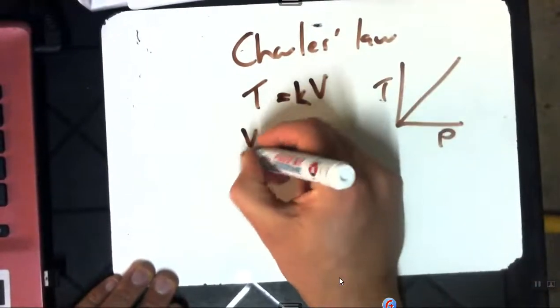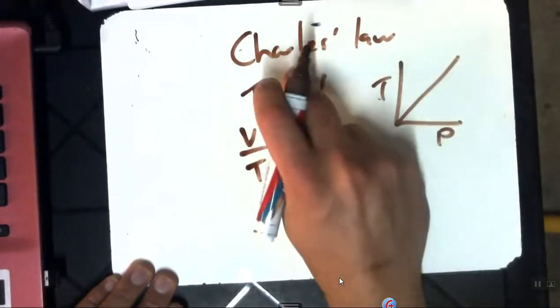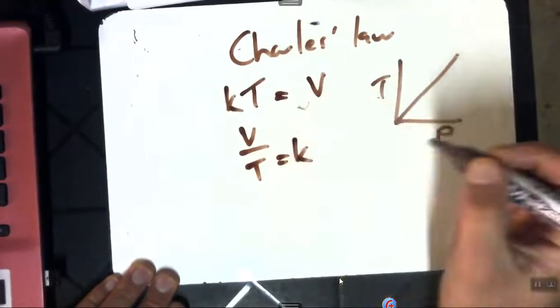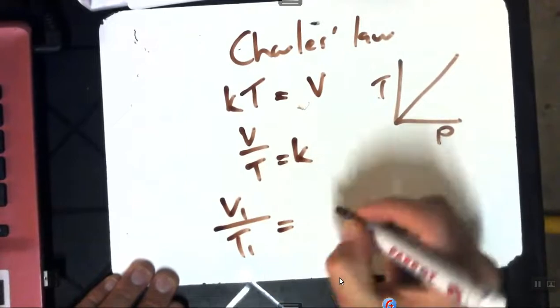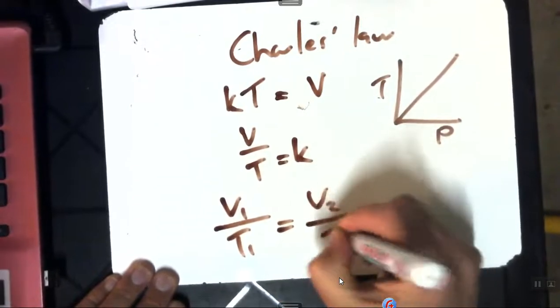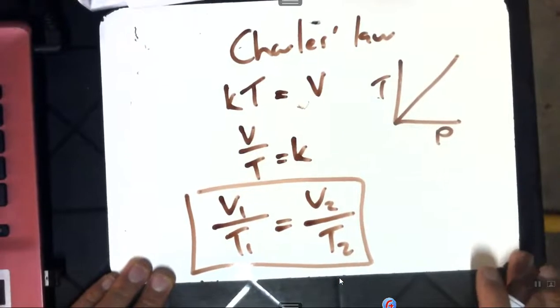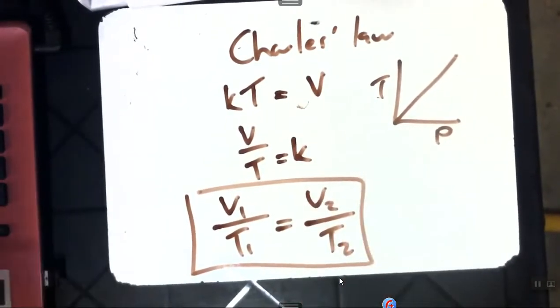So volume over temperature is constant. That brings us to volume 1 over temperature 1 is volume 2 over temperature 2, and that is known as Charles's law, but this formula is not part of the IGCSE syllabus.